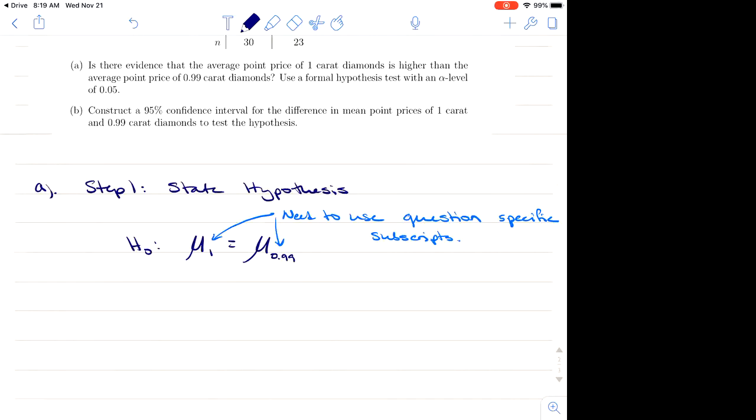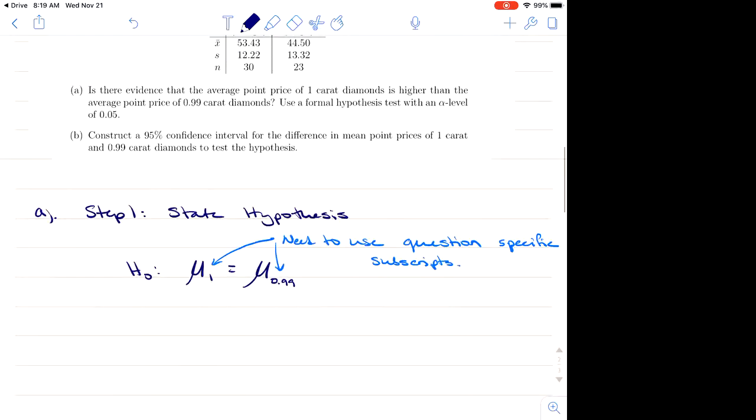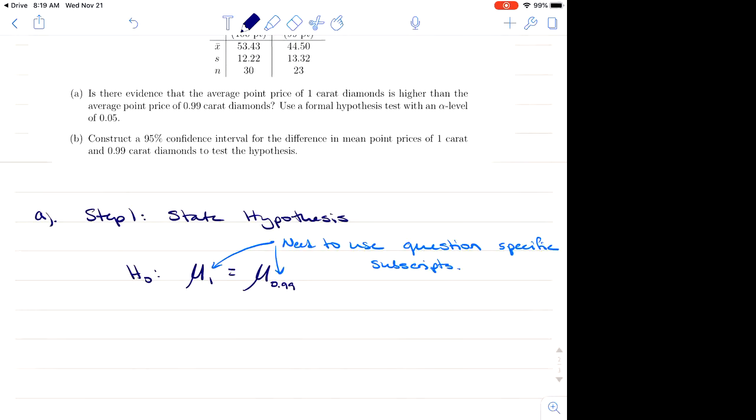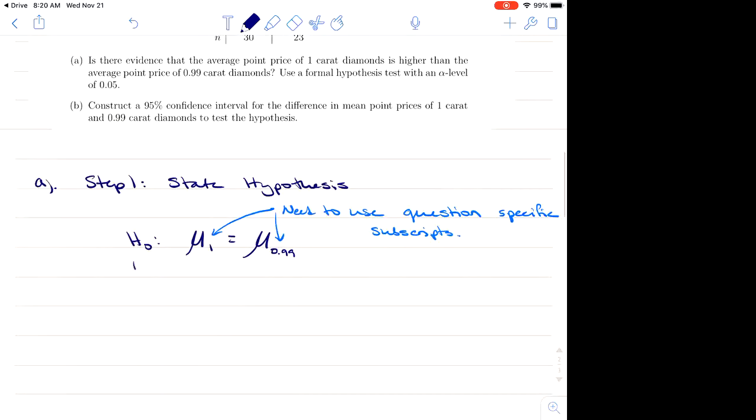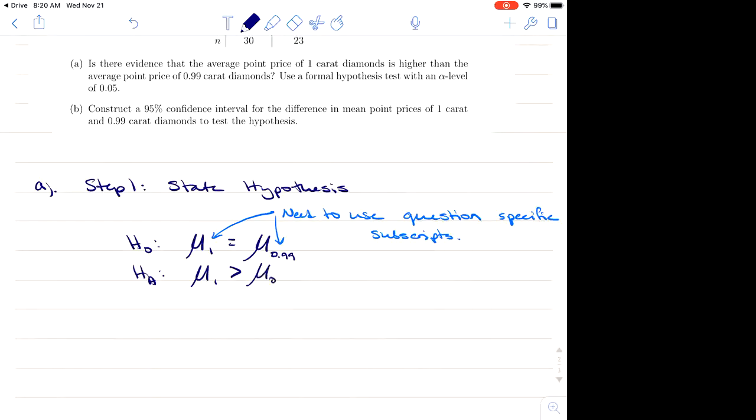Because saying mu1 is less than mu2, if you haven't identified which one is group 1 and which one is group 2, doesn't mean anything. We want to know if the 1 carat prices are higher than the 0.99 carat prices. So how do we reflect that in our alternative hypothesis? Now that we have these question-specific subscripts, it's a lot easier. We want to know if mu1 is greater than mu of 0.99.